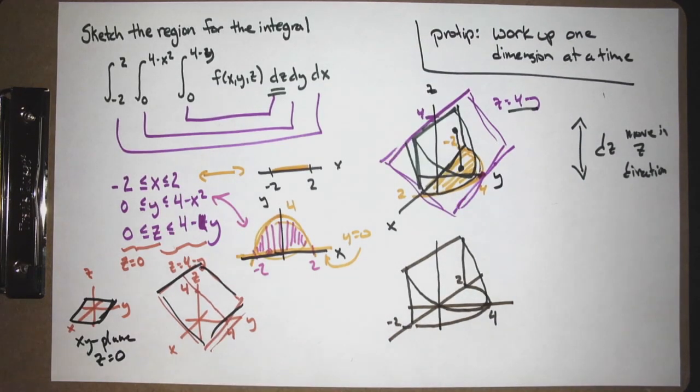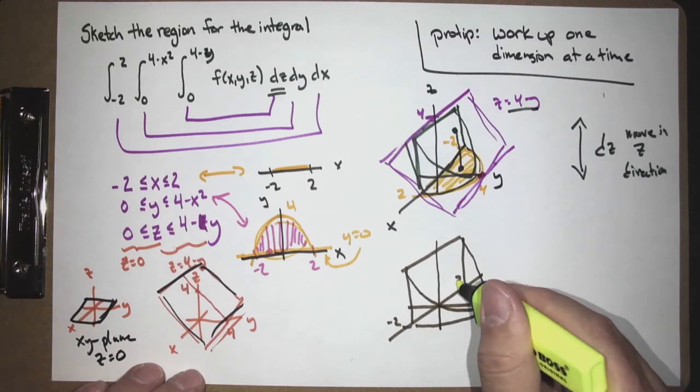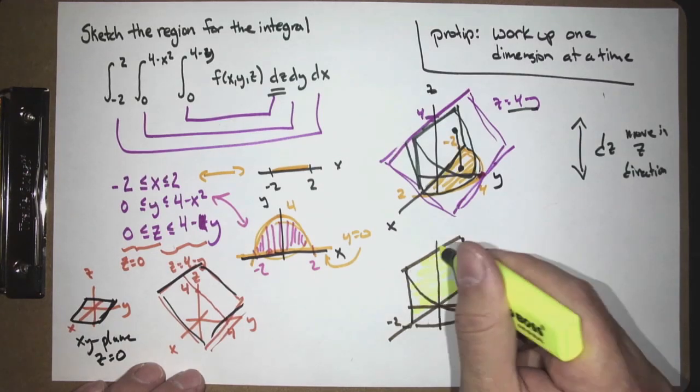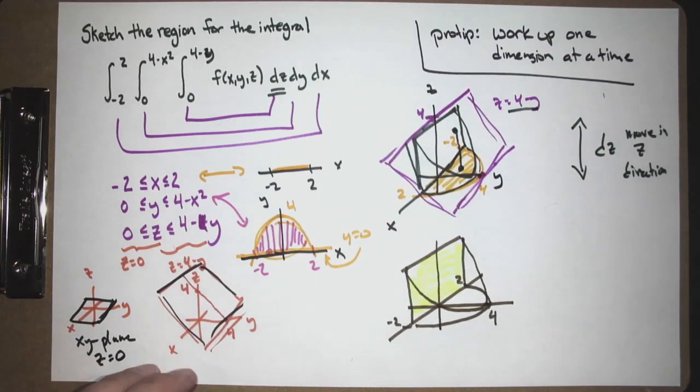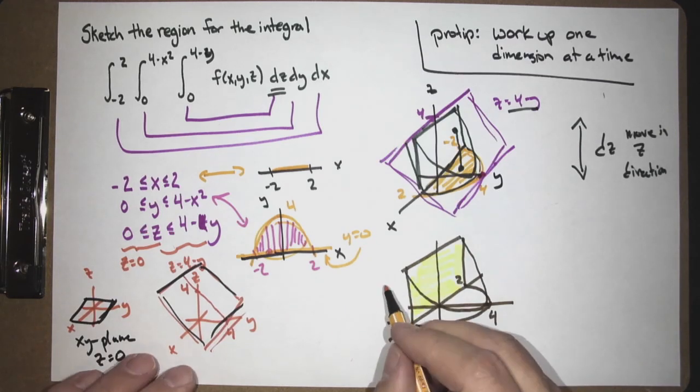So what we really have is 4 bounding surfaces. This back surface, what is this bounding surface? Yeah, so y equals 0 is our back side.